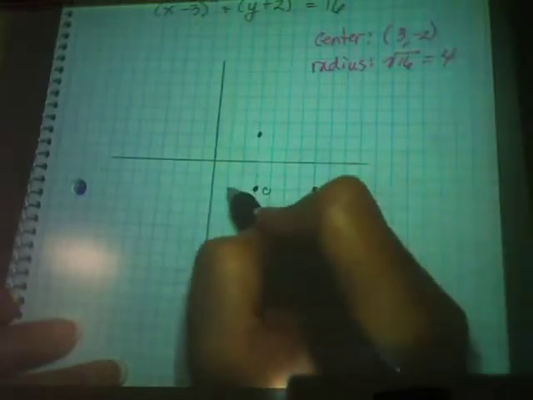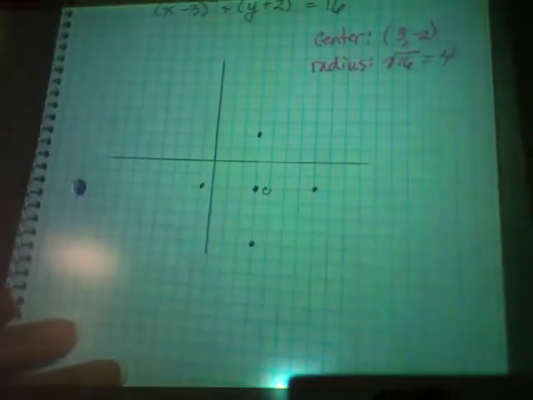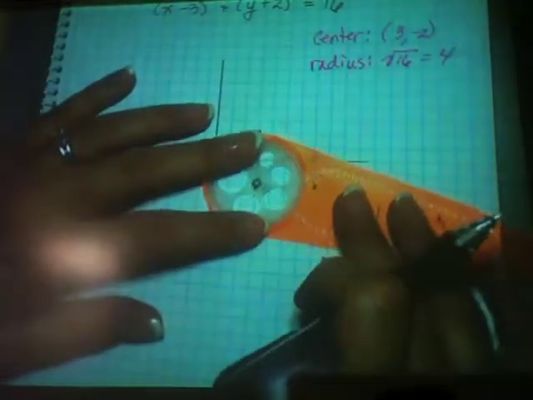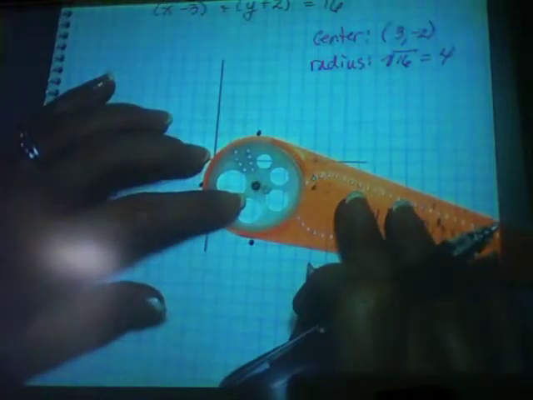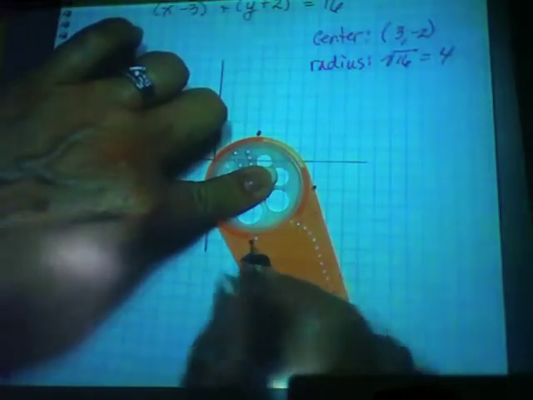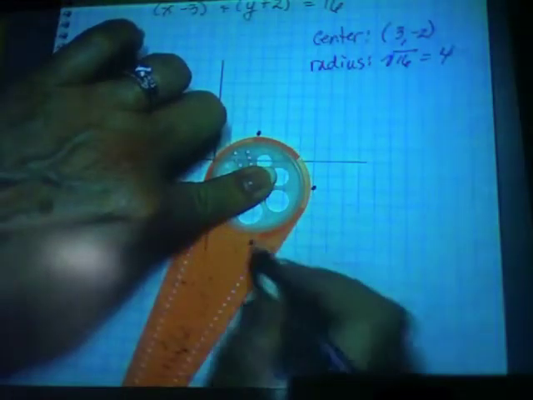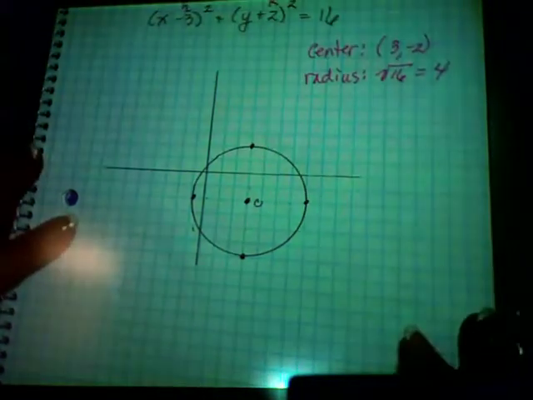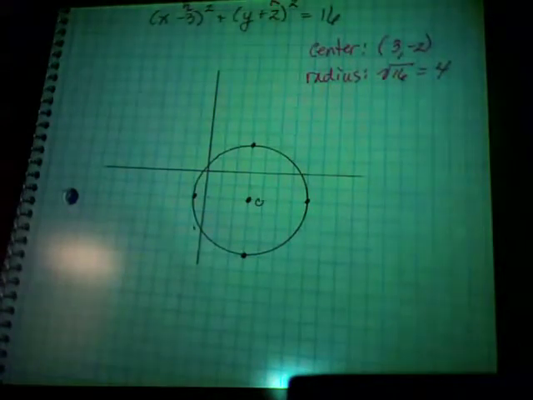And to the left 1, 2, 3, 4, plot a point. Then you will attempt as best as you can to draw your circle. Meanwhile, I'm going to use my pretty circle. There we go. So that's all I have to do. That's not so bad, right?